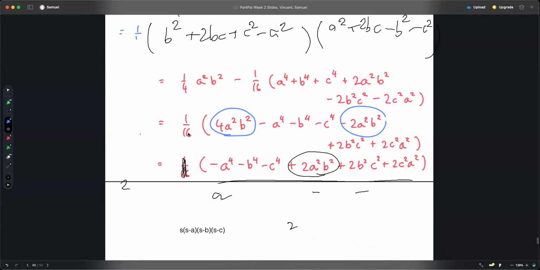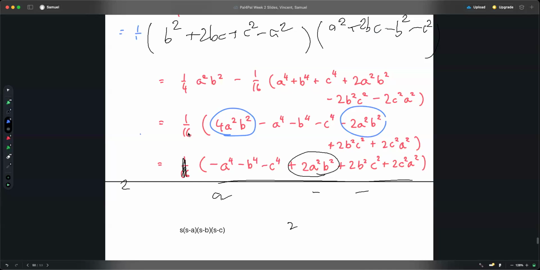And then for b squared c squared, wait, okay. The next one you have is 2b cubed c, and then this is canceled out with this.